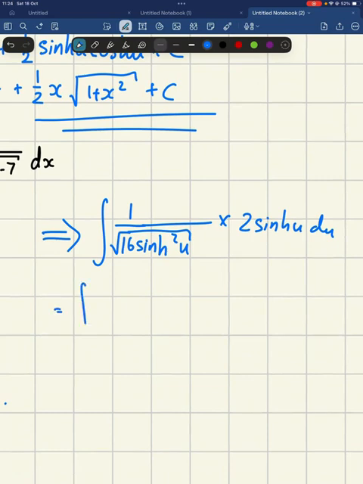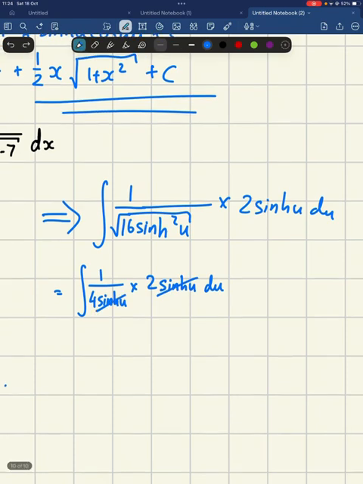Well, that becomes the integral of 1 over 4 sine u times 2 sine u du. Sine u cancels, and 2 over 4 cancels to a half, so what we're going to get is the integral of a half, so we'll bring the half out, du. Well, that's just a half u plus c. What was u?